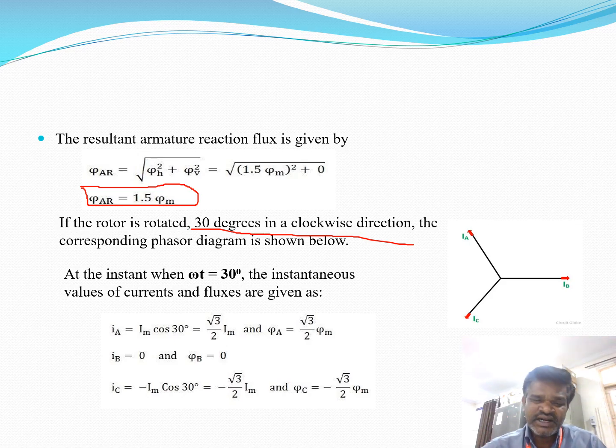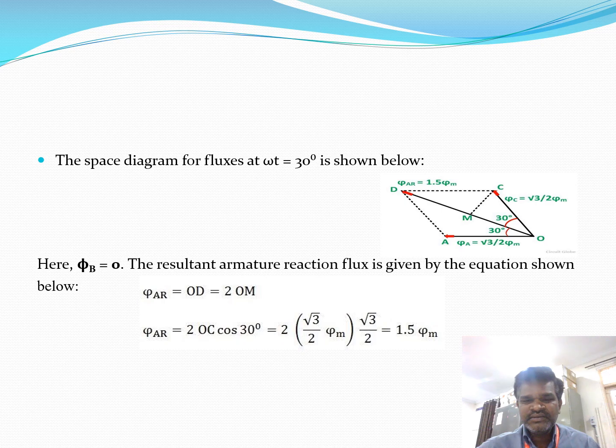If the rotor rotates 60 degrees, 90 degrees or 120 degrees, whatever the rotation of the rotor, in an alternator or synchronous generator, the resultant MMF or flux produced is always equal to 1.5 times the maximum flux.